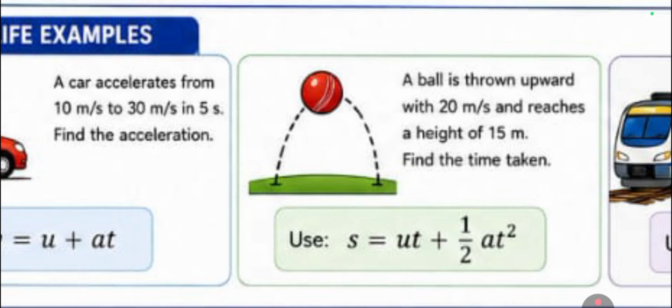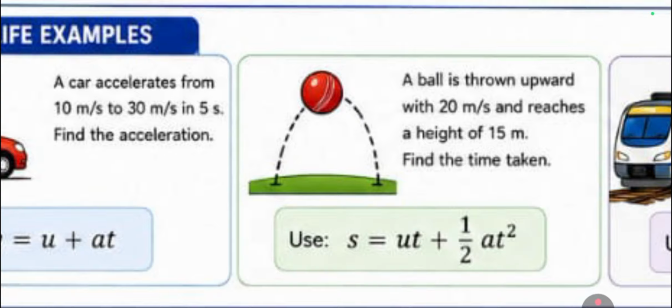At the height of 15 meters its velocity is completely 0. So v is equal to 0. Only 20 meter per second is the u, and its height, that means its distance or displacement, is equal to 15 meters. So here s is given as 15 meters.